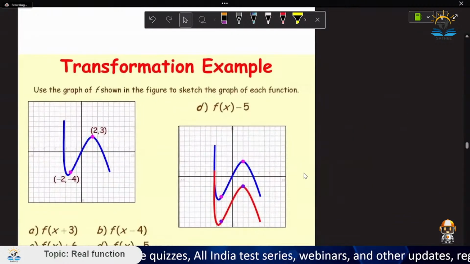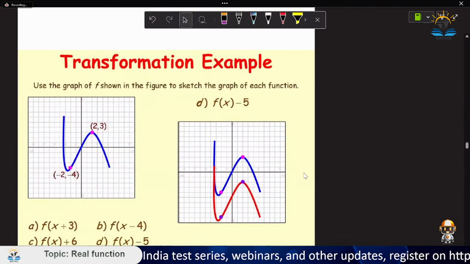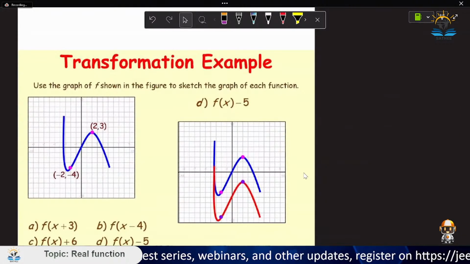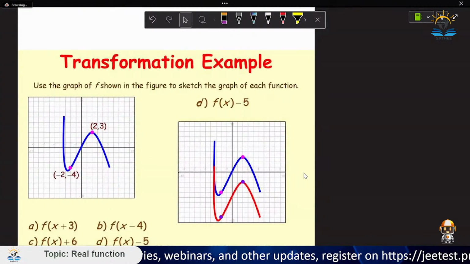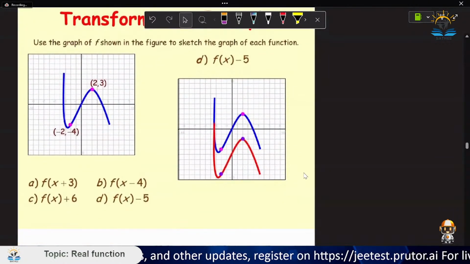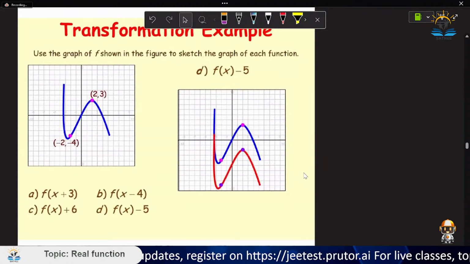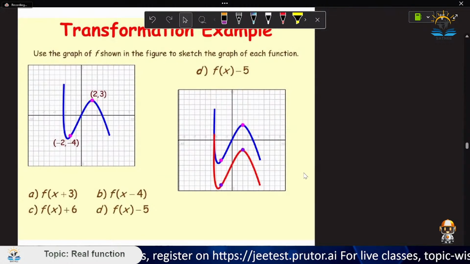So let's see an example of transformation. If the graph of f is shown here, we have to sketch the graph of each function. See, if it is x plus 3, what we are doing is trying to shift the graph.